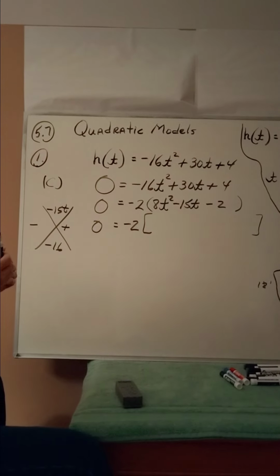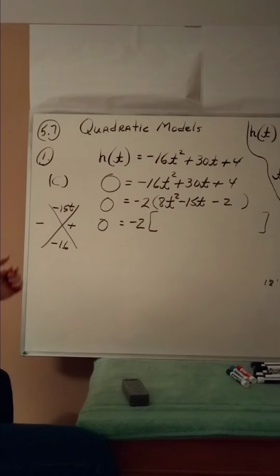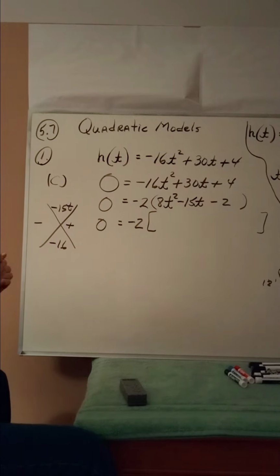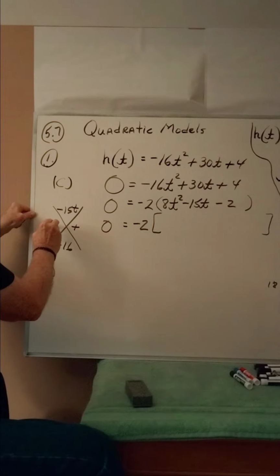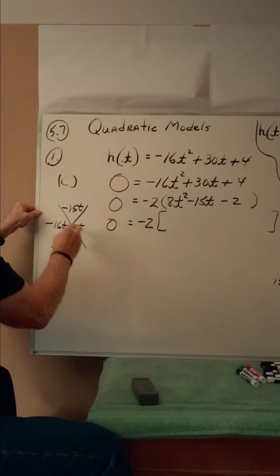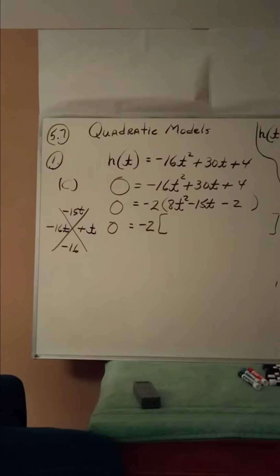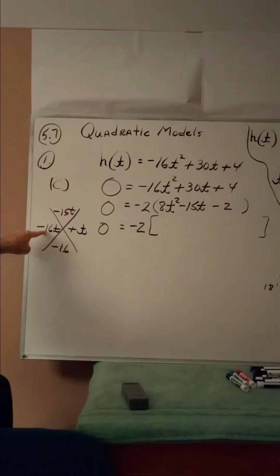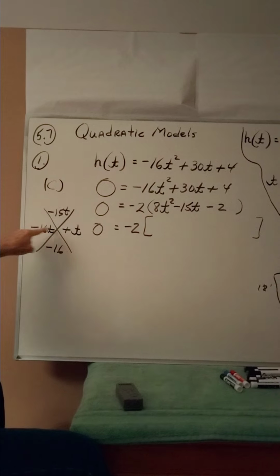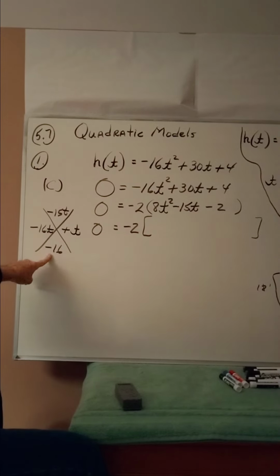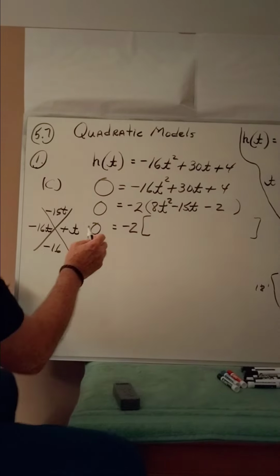The larger factor, 16, has got to carry the sign of the middle term. -16t added with a +1t, bullseye. Negative times positive, bullseye.